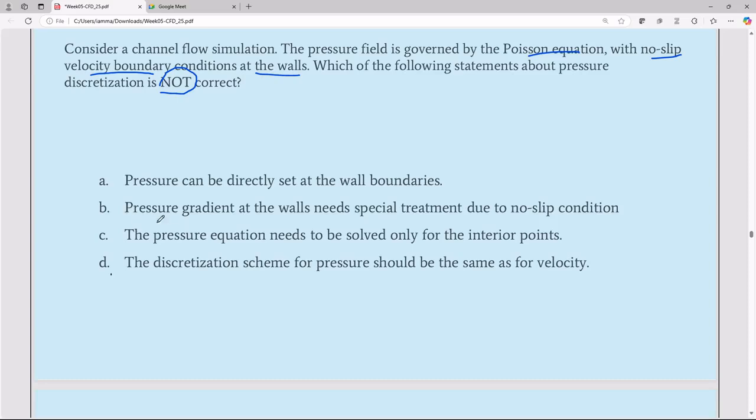Option B, pressure gradient at the walls needs special treatment due to no slip condition. Option C, the pressure equation needs to be solved only for the interior points. Option D, the discretization scheme for pressure should be the same as for velocity.